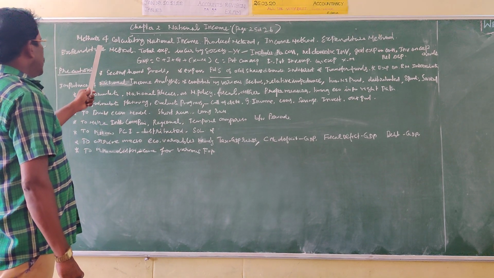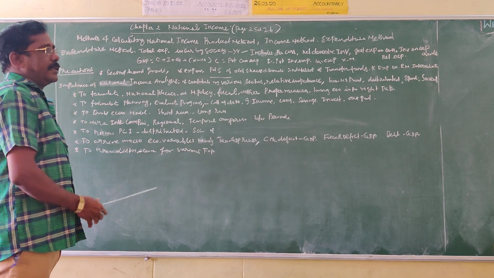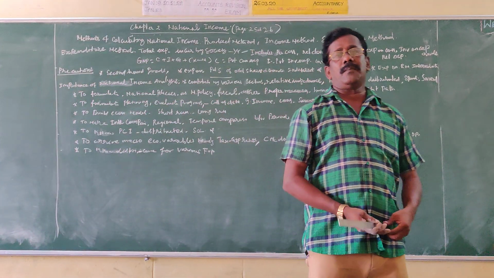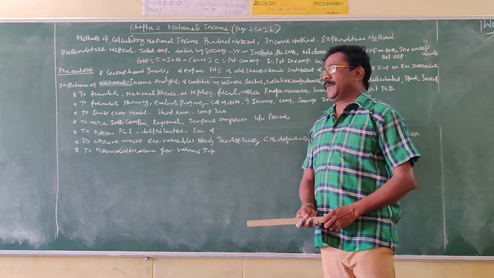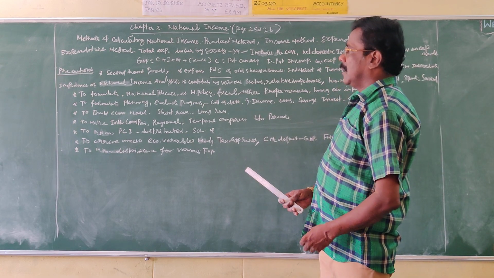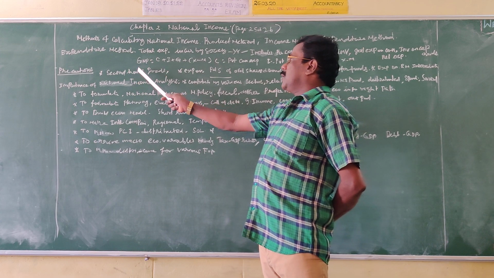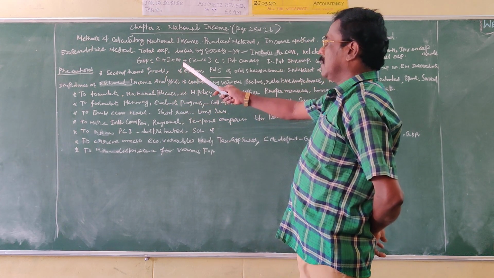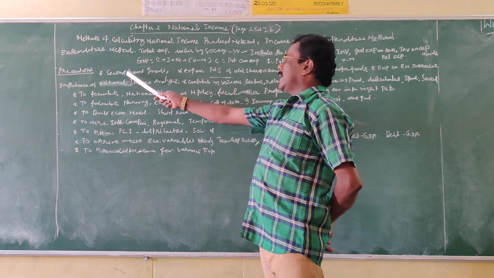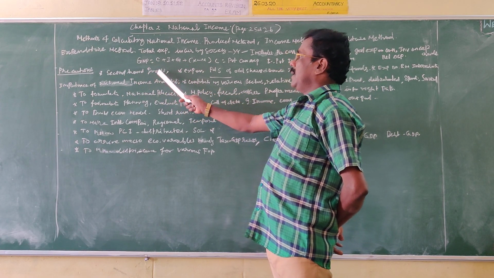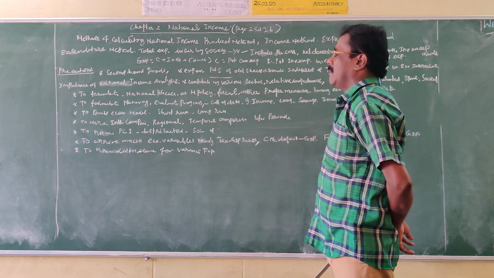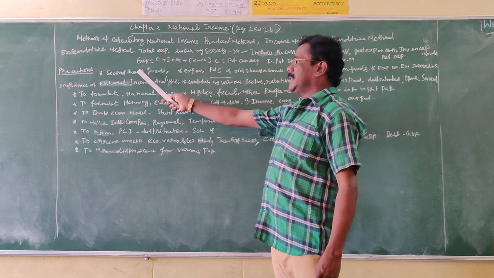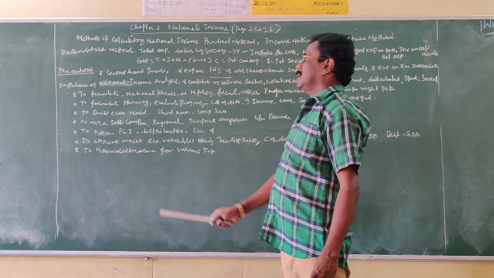Then, what are the precautions to be taken by the government while calculating the national income under the expenditure method? As already explained, second-hand goods, the goods once sold to the consumer and sold again, should not be included in the calculation of national income because they are already taken into account at the first sale of the goods.